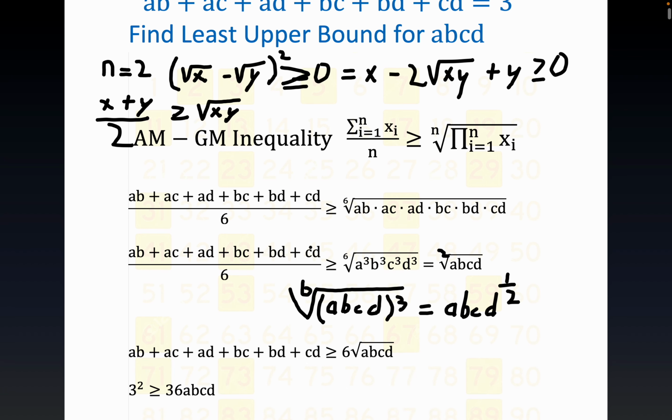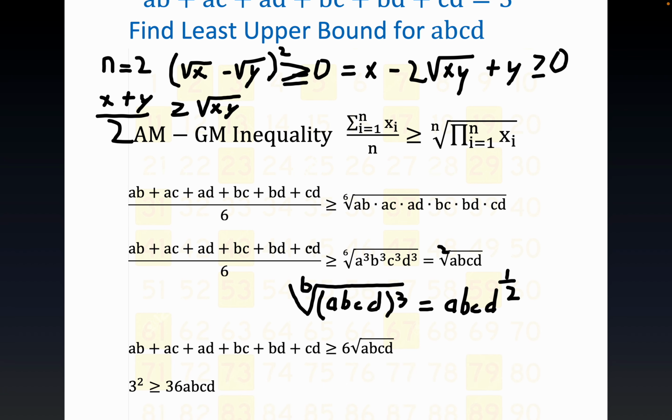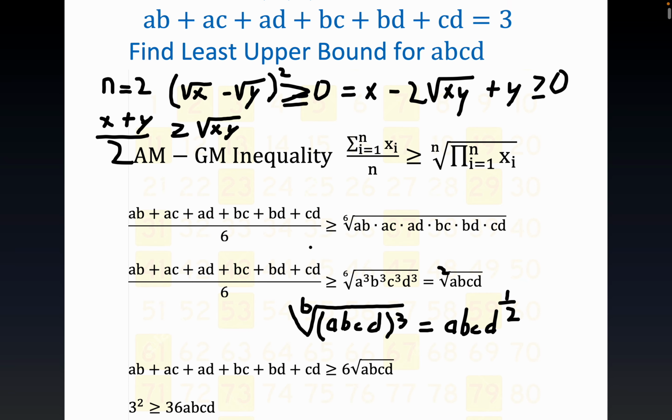All right, now the rest of it's very, very straightforward here. Now remember that all these products of the variables in pairs add up to 3. And so notice that's exactly what happened right here. We squared both sides. If you square this, this is equal to 3 by the initial condition, right? And so right here, that's where the 3 squared ends up. Here you square the right-hand side, 6 squared is 36, and the radical goes poof, right?